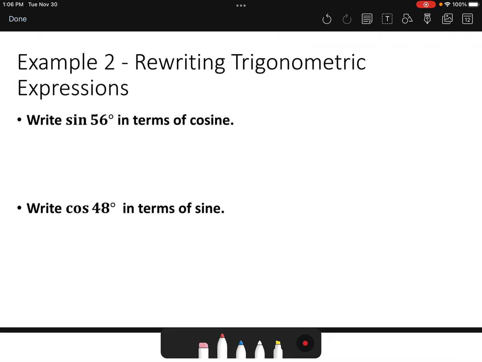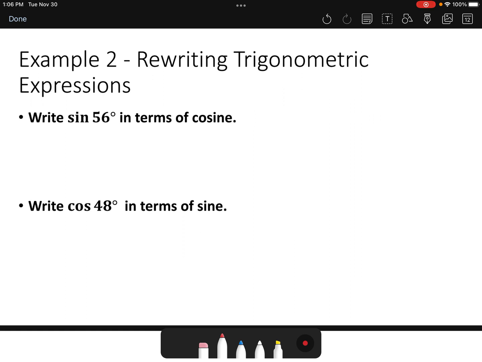Now, it says rewriting trigonometric expressions, example 2. Write sine 56 in terms of cosine. Well, the first thing we're going to do is just acknowledge that that's going to be 90 minus 56. So the cosine of 34 is the same as the sine of 56, as long as they add up to 90.